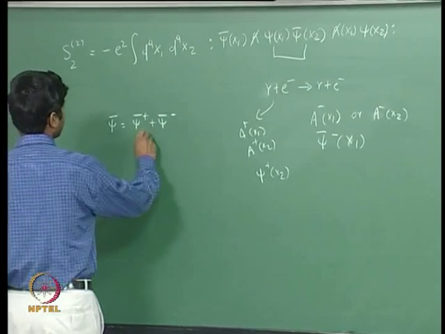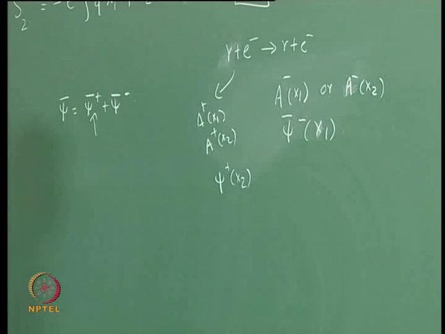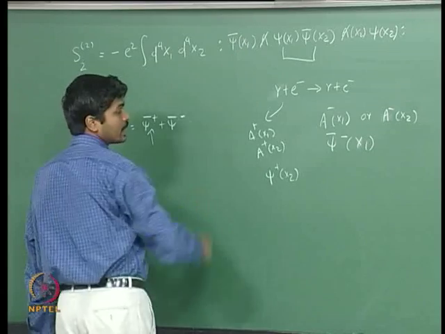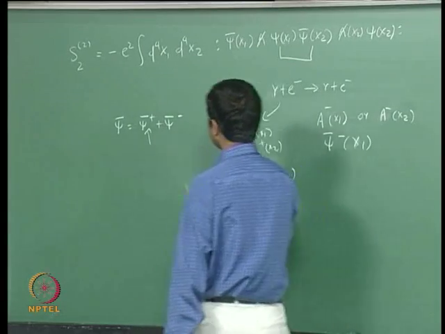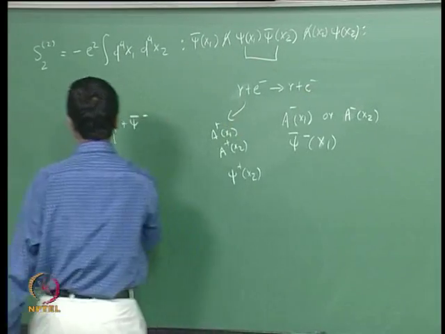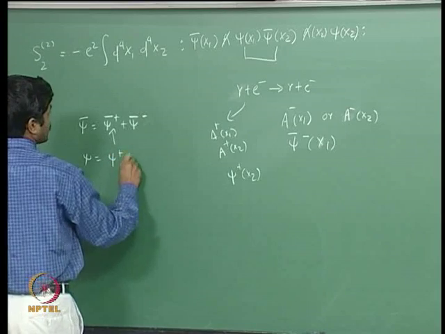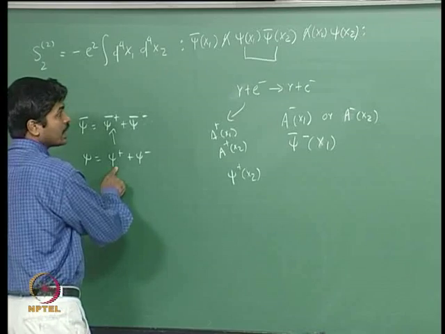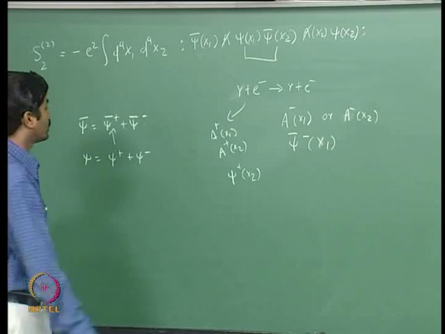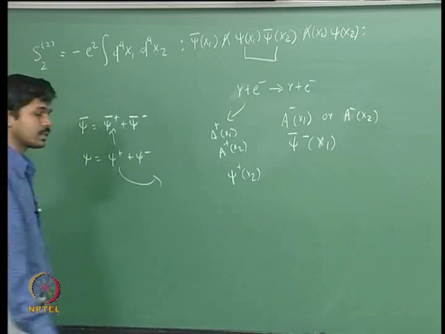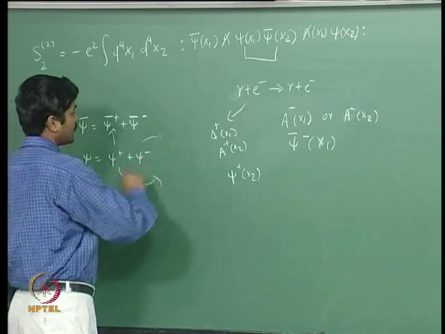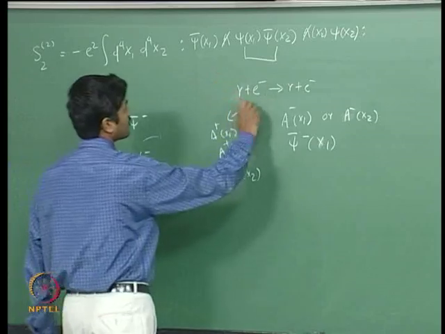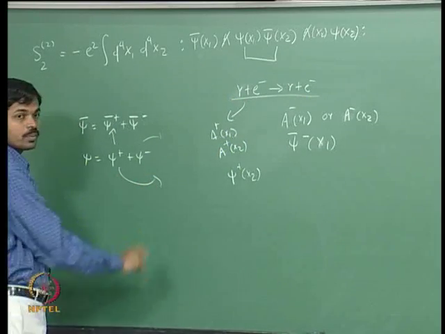Psi bar plus represents the annihilation of a positron, whereas psi bar minus represents the creation of an electron. So, the only term here that can contribute to this process is psi bar minus, whereas psi is psi plus plus psi minus. Psi plus indicates annihilation of an electron, whereas psi minus represents creation of a positron. So, for this process only psi plus will be present.